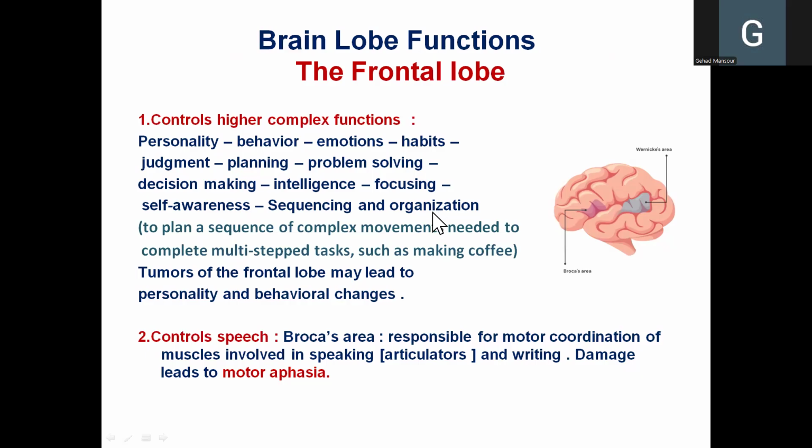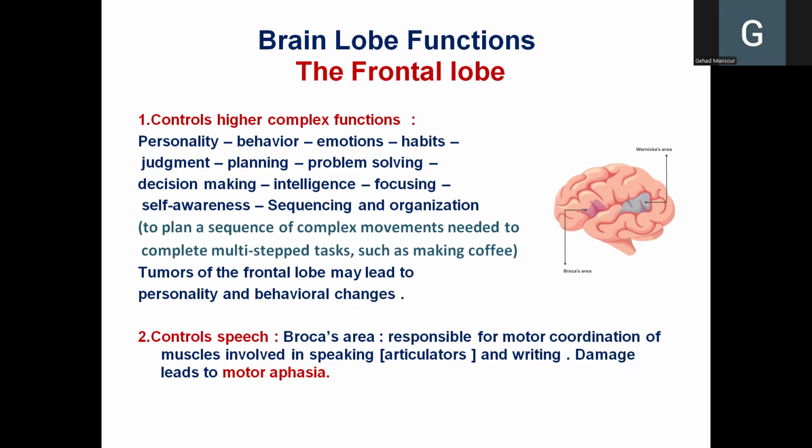Sequencing and organization have been seen in the parietal lobe and in the frontal lobe. But the parietal lobe is different from the frontal lobe, because in the frontal lobe, sequencing and organization is mainly related to the complex motor actions, whereas in the parietal lobe, it is related, for example, to solving math problems and different other aspects of sequencing and organization.